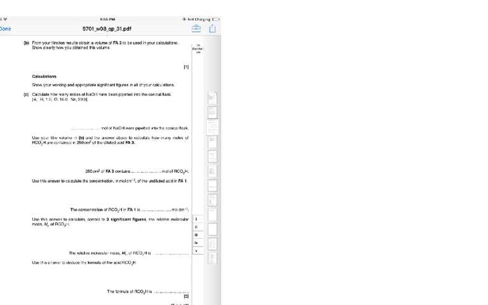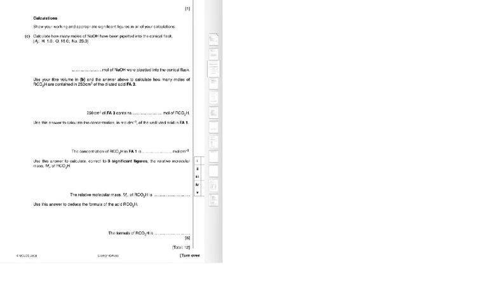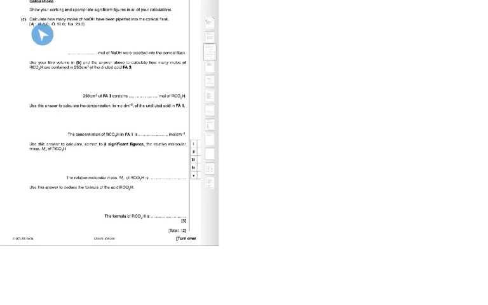For the next question, we calculate how many moles of NaOH has been pipetted into our conical flask. For this one, you only need to know the amount of moles that were pipetted. So let's look at how to do that.